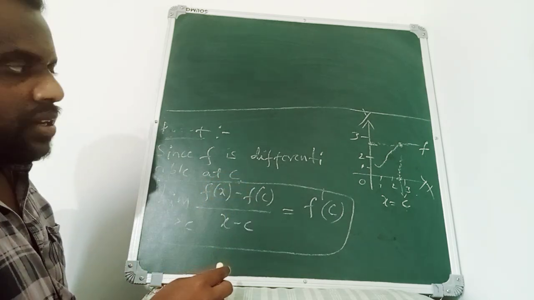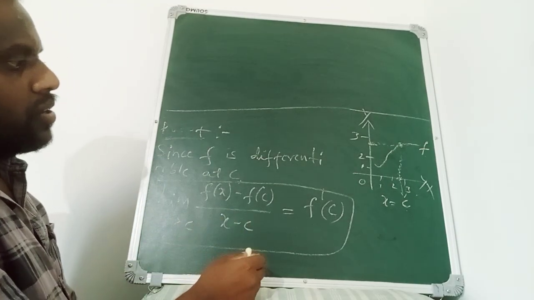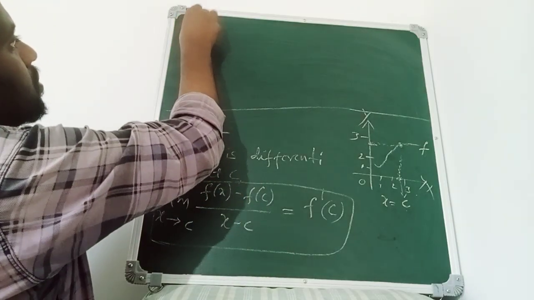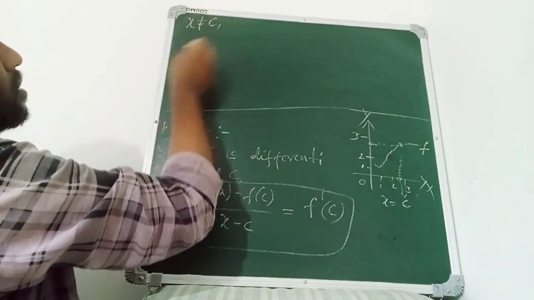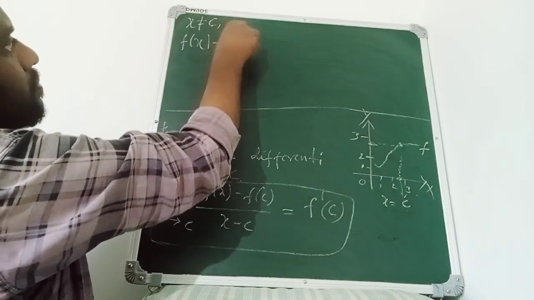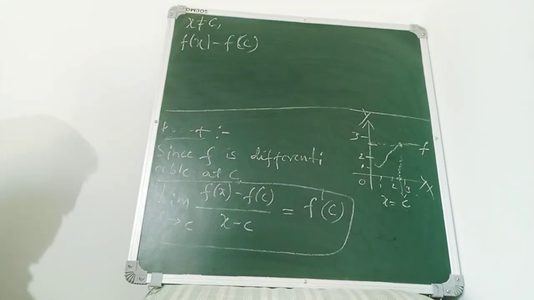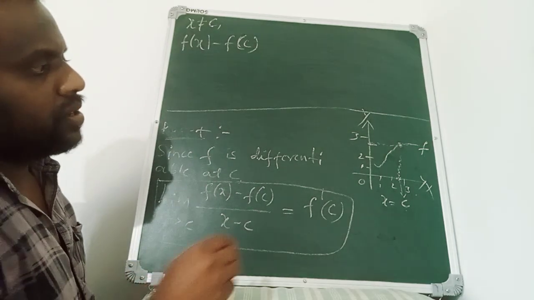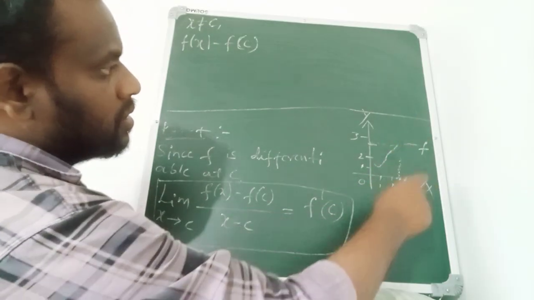That means as x tends to C, what happens? Okay, for example, if x is not equal to C, then the function will become f of x minus f of C. When x is not equal to C, we won't consider this part.